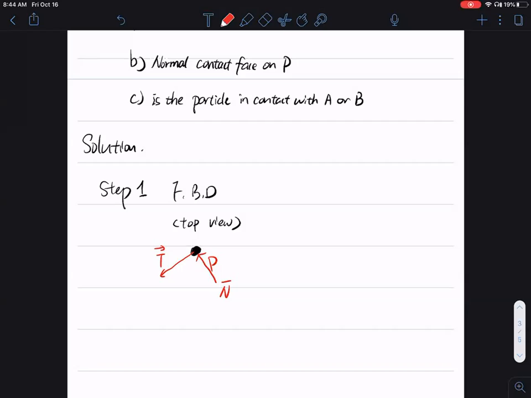You see why I don't have my weight force? Yeah, because in the problem it says horizontal plane.